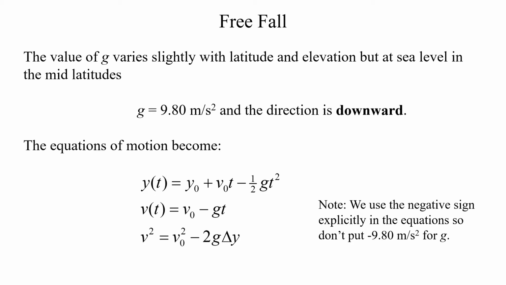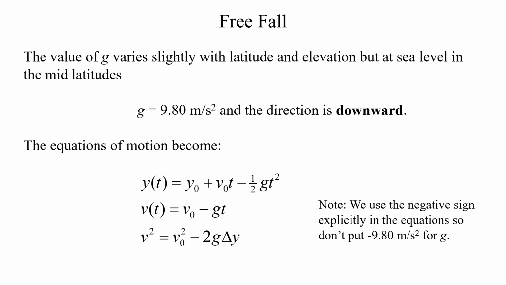Now notice the reason we put the minus sign in the acceleration term is because the acceleration is downward. So we're using the convention that upward is positive and downward is negative. Then the velocity as a function of time equals v naught minus g t, and then of course if we eliminate the time between those two equations, we get the third equation, v squared equals v naught squared minus 2g delta y.